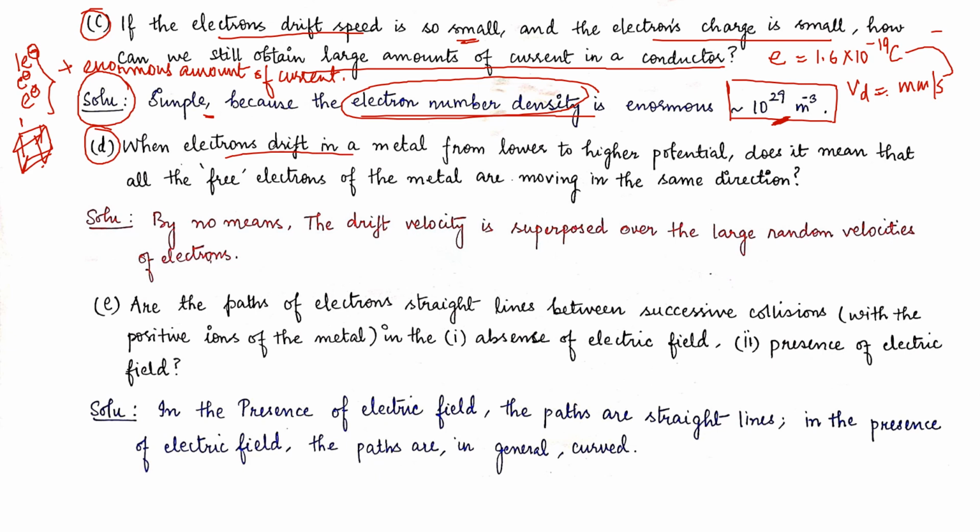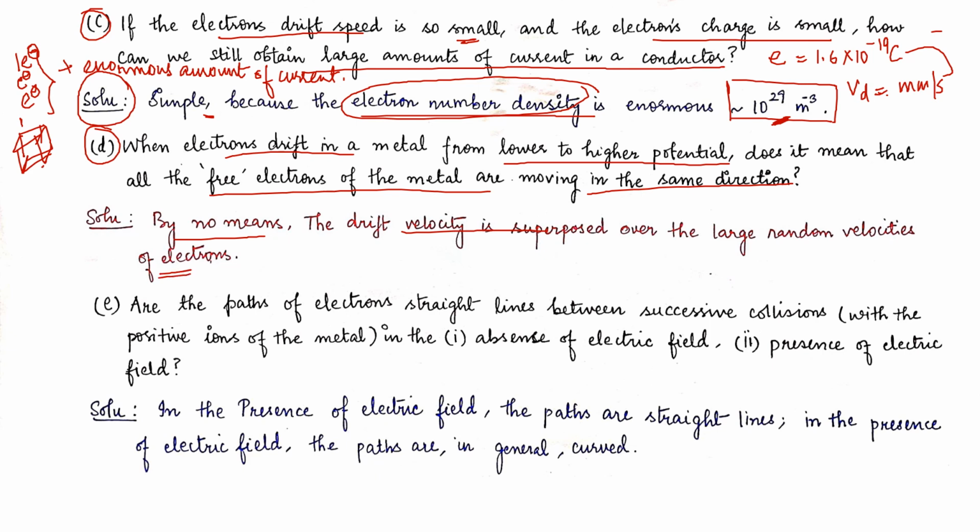When electrons drift in a metal from lower to higher potential, does it mean that all the free electrons of the metal are moving in the same direction? By no means. Drift velocity is superposed over large random velocities of electrons.